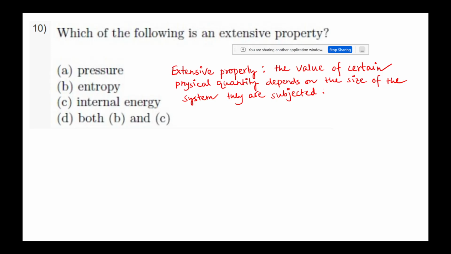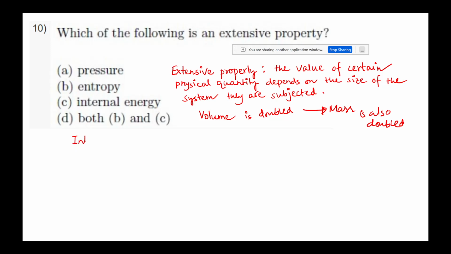If the volume is doubled, that means the system size is doubled, the mass is also doubled, because if the size of the system doubles, the mass and volume both are doubled, right? So that depends on the system size.